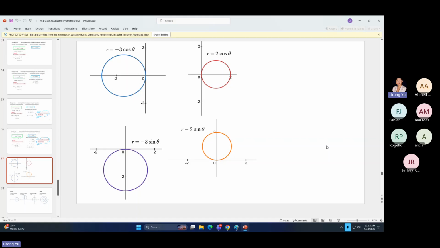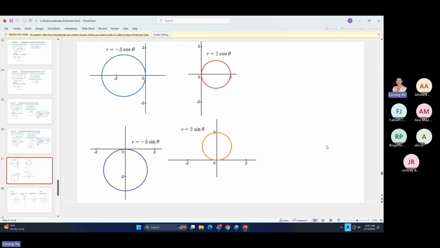The r equal to negative 2 cosine theta is a circle on the left side of the origin. Now, r equal to 2 sine theta is a circle on top of the origin, and then r equal to negative 3 sine theta will be a circle that is below the origin. So basically, whenever you have r equal to a number times cosine, it is a circle on the left or a circle on the right.